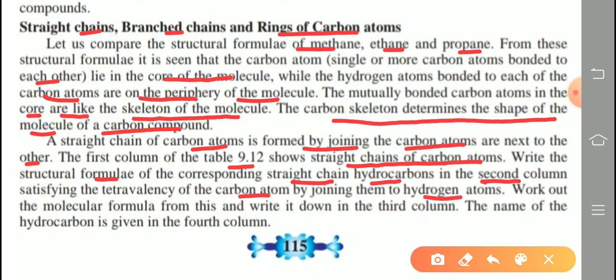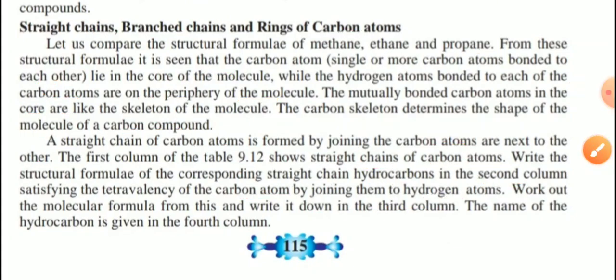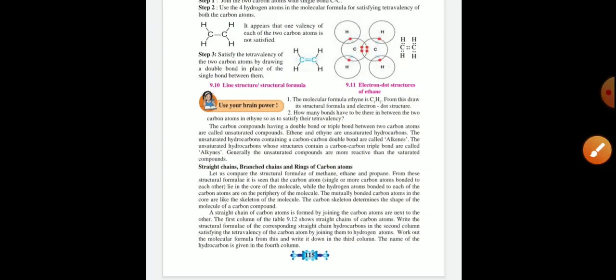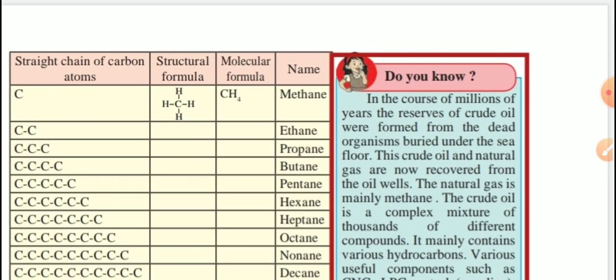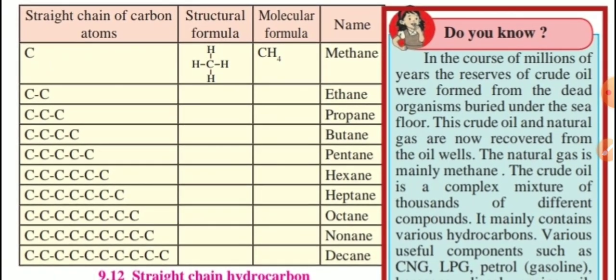Work out the molecular formula from this and write it down in the third column. The name of the hydrocarbon is already given in the fourth column. Now see page number 116. You complete this table. This is for your homework.